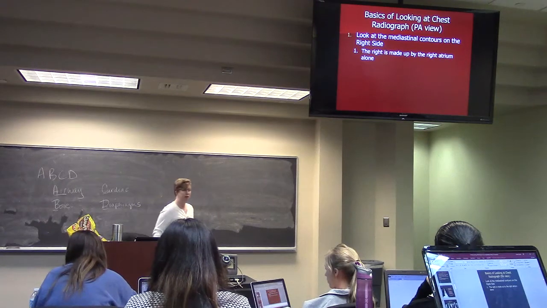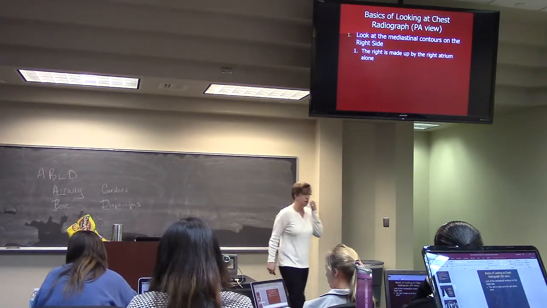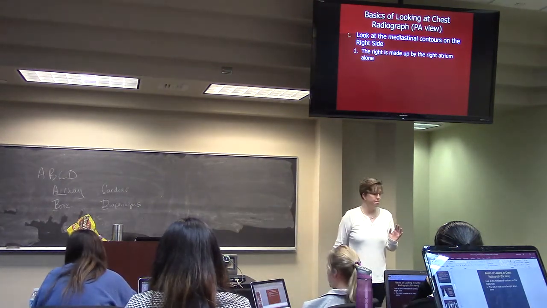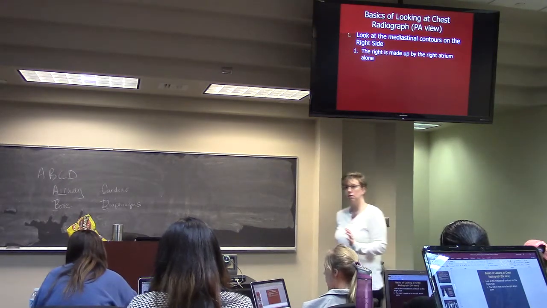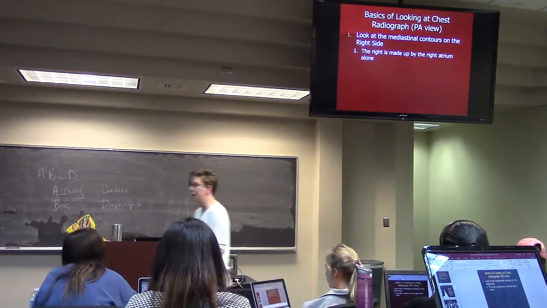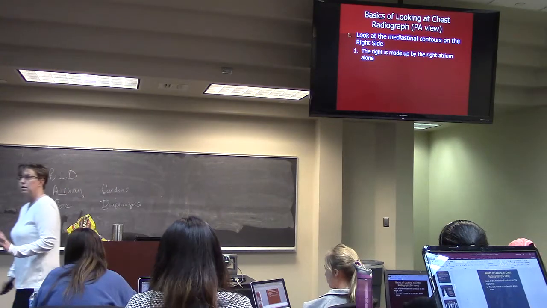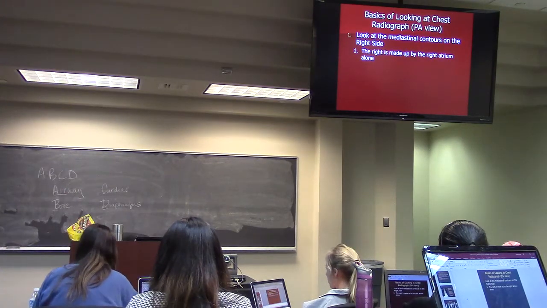The right side, all you're going to see is the atrium. I'm going to follow it down, and all you're going to see is that atrium. And about 1/3 of the heart sits on that side.